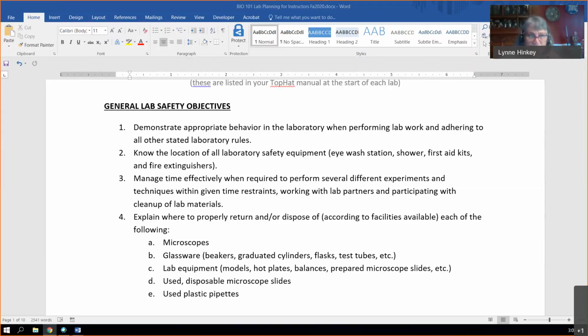But where can I find those? The lab objectives are in Top Hat at the start of each lab. They list them for each lab.